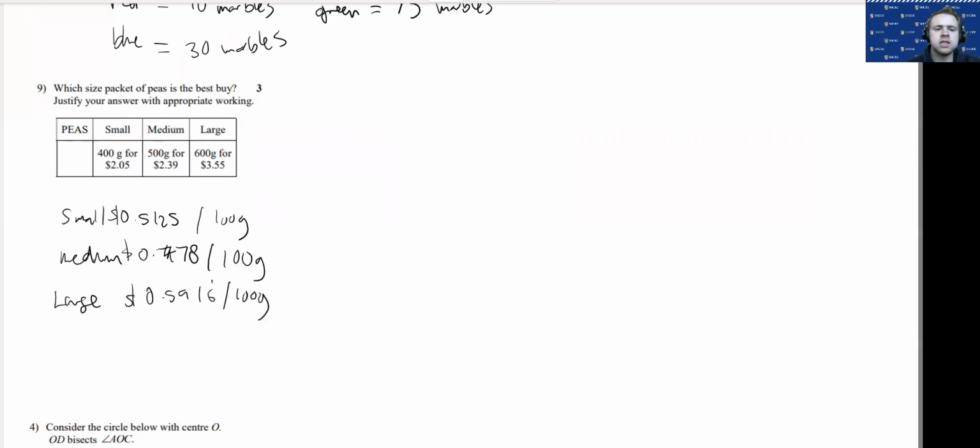What we want is the best buy, the one that's cheapest. We say therefore medium is the best buy because it is the cheapest amount per 100 grams.